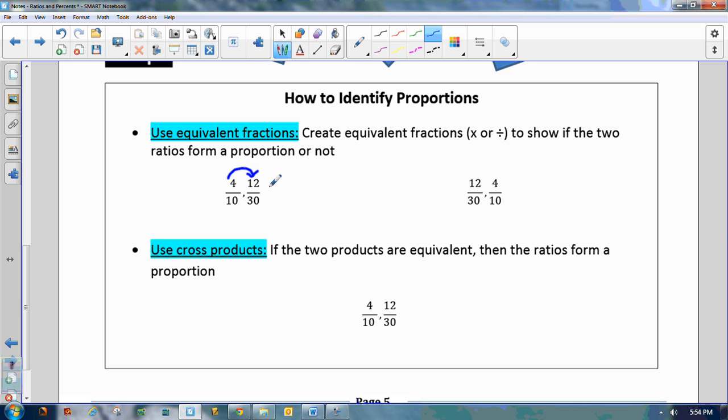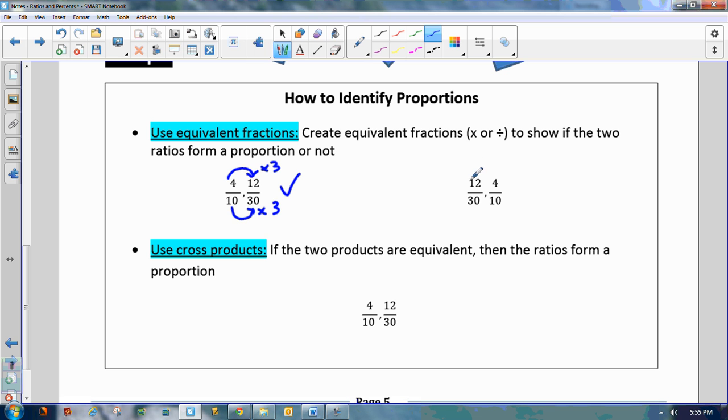4 times what gives me 12? Well, 4 times 3. If I do the same here, 10 times 3, does that give us 30? Yes, it does. That means 4 to 10 and 12 to 30 are proportional. They're equivalent ratios. Over here, we notice that our digit is larger on the left, and the digit on the right is smaller.